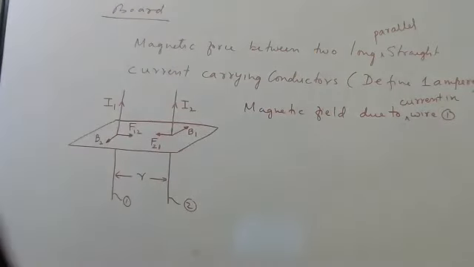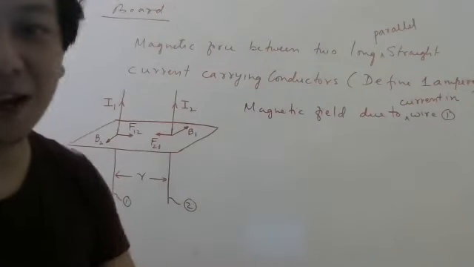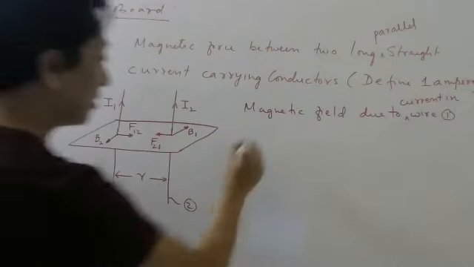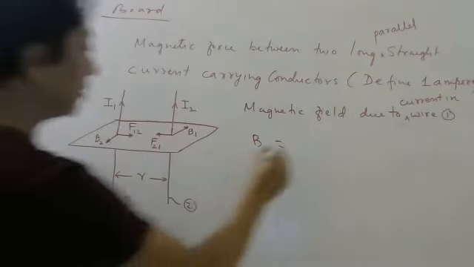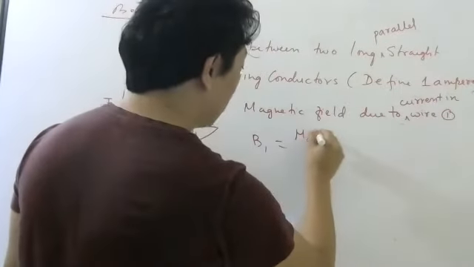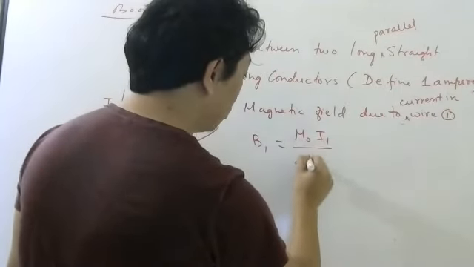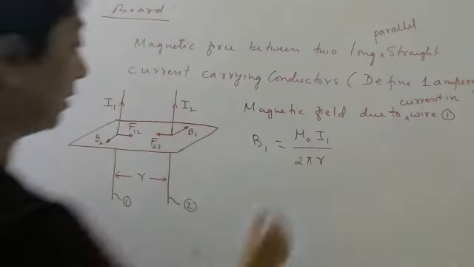Because if you say due to wire 1, then you may think wire produces magnetic field. Current in the wire produces magnetic field. What is the formula? Since it is infinitely long, what is the formula? Mu naught I1 by 2 pi R. R is this distance. Okay. Equation 1.